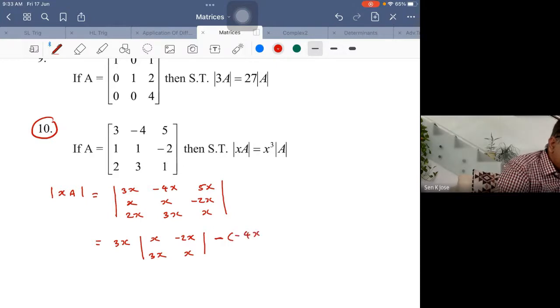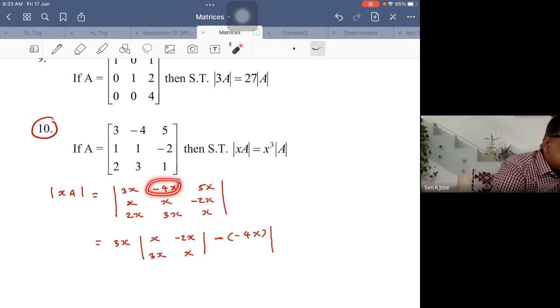Next element is minus 4x into its minor. What's the minor of minus 4x? This is the element. Delete the row and the column it belongs to. You can see there are 4 different elements. So it's going to be x, minus 2x, 2x and x.